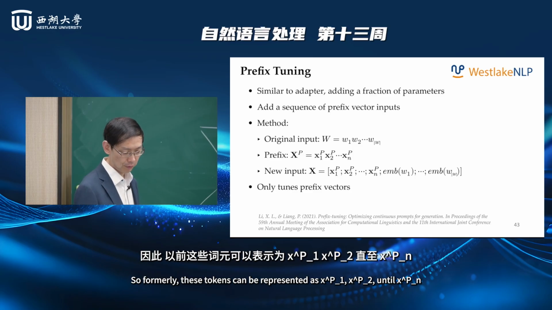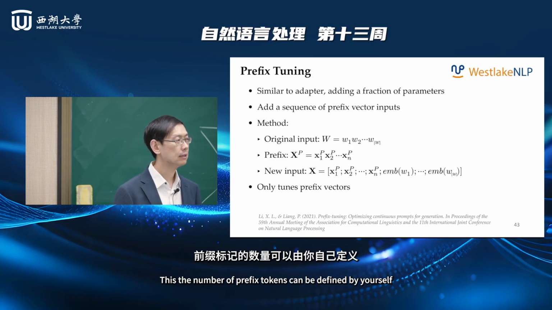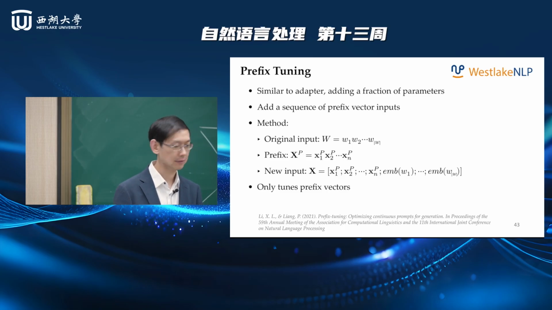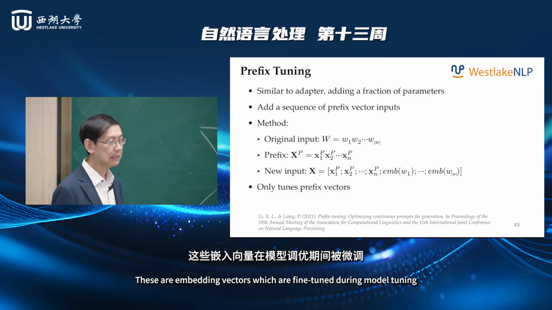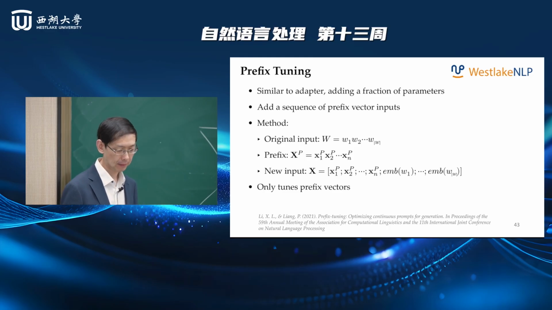Formally, these tokens can be represented as xp1, xp2, until xpn. The number of prefix tokens can be defined by yourself. These are embedding vectors which are fine-tuned during model tuning.